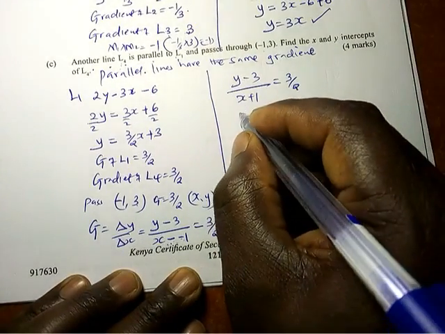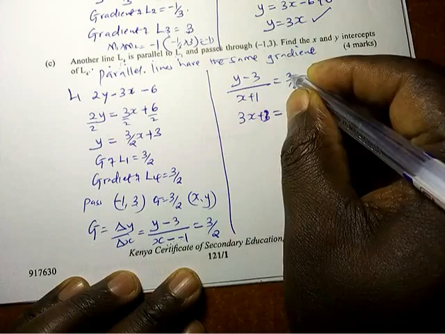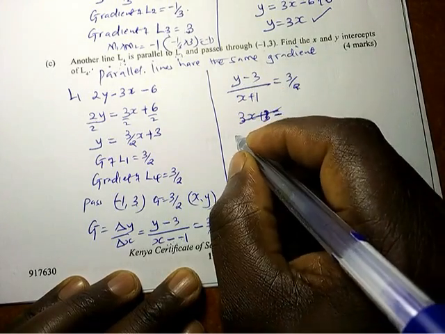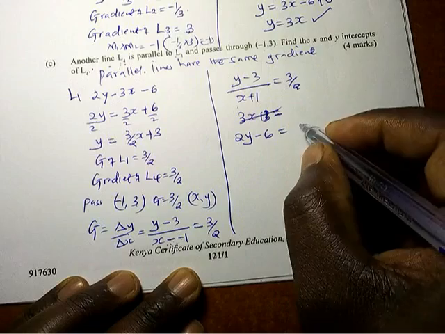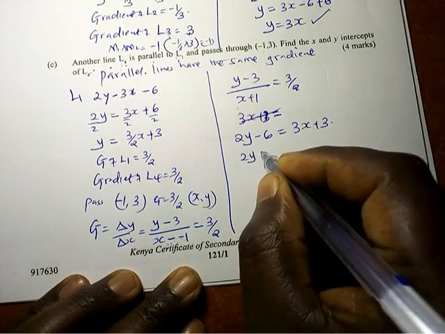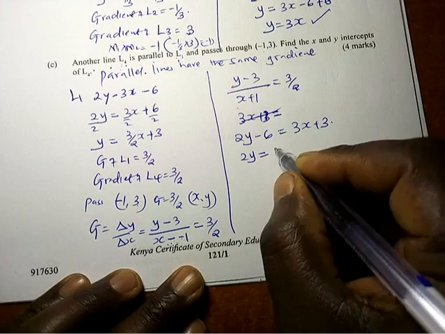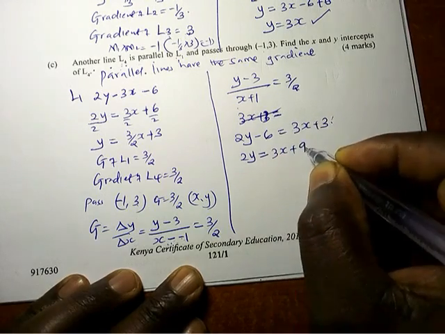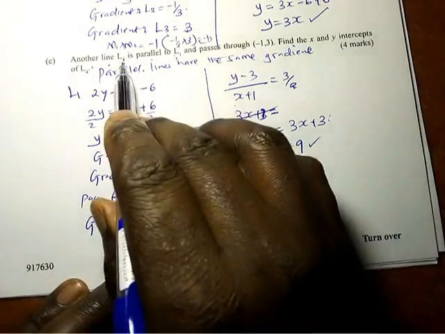Cross multiply: 2y minus 6 is equal to 3x plus 3. So 2y equals 3x plus 9. That is the equation of line 4.